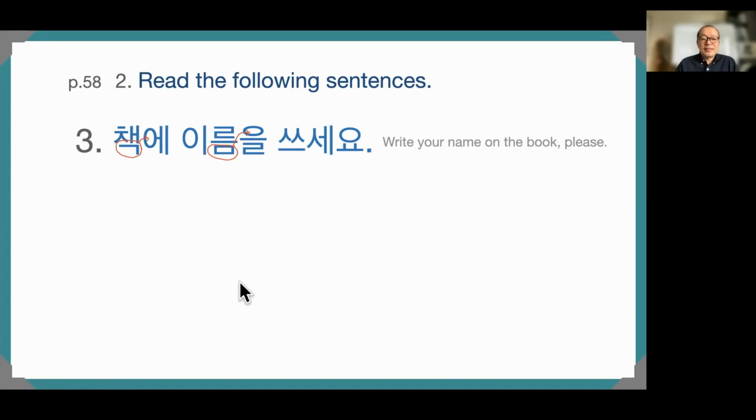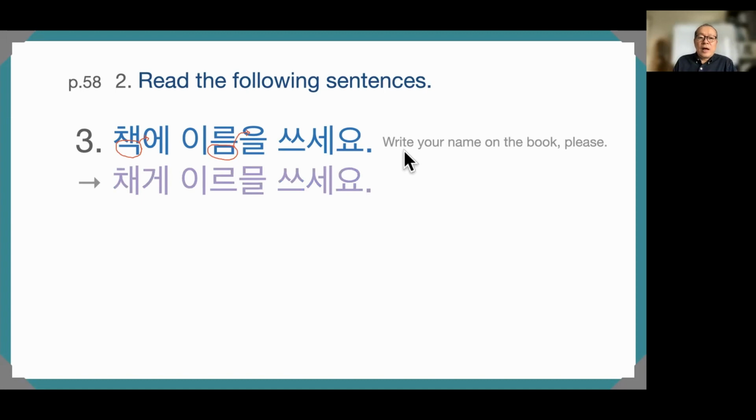Okay, if you read like this, 책에, right? 책에 이름을 쓰세요. 책에 이름을 쓰세요. Okay, I already wrote the meaning of the sentence here because today our focus is reading the sentences, not the meaning of the sentence.